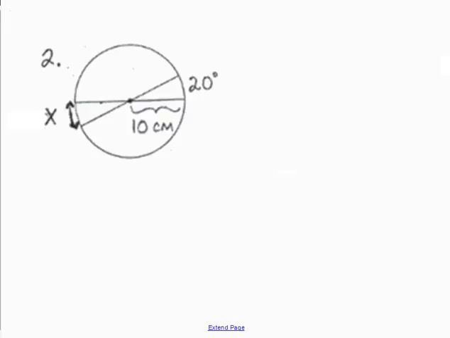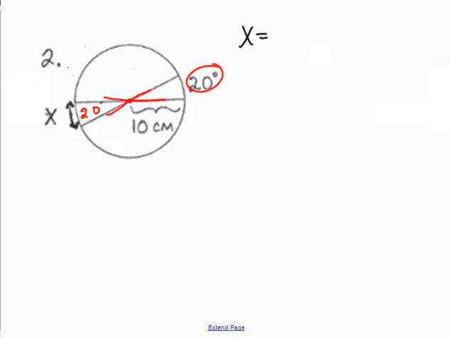Next one. We want to find x. Again, x equals the measure of the angle. Well, I know that this is 20, and there are vertical angles here, so this has to be 20.